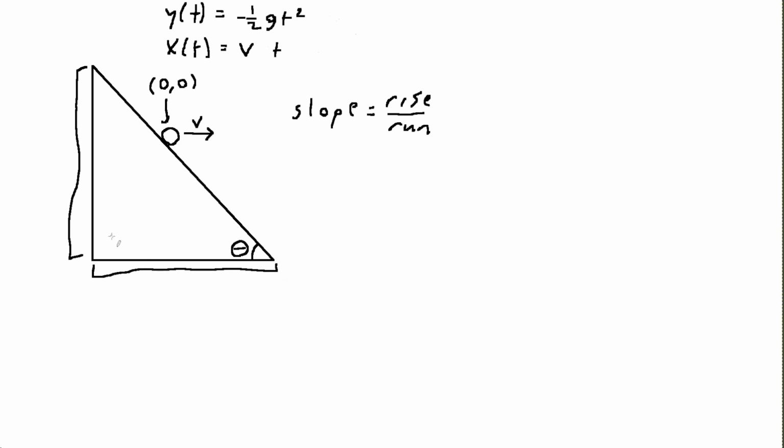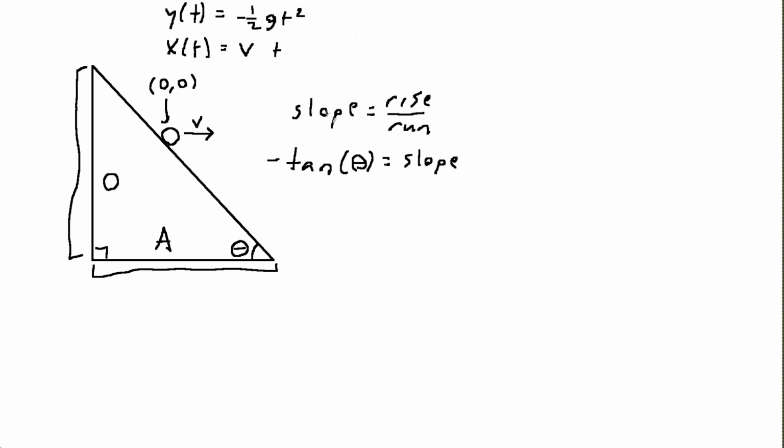If we look at this as a right triangle, which it is because these are horizontal and vertical directions, this is going to be the opposite side, and this is going to be the adjacent side. So if we take tangent of theta, this is going to be our rise over our run. We have to be careful though, since we know it's going down, the slope is going to be negative. So this is our negative slope, and of course that means that negative tan theta is our slope.